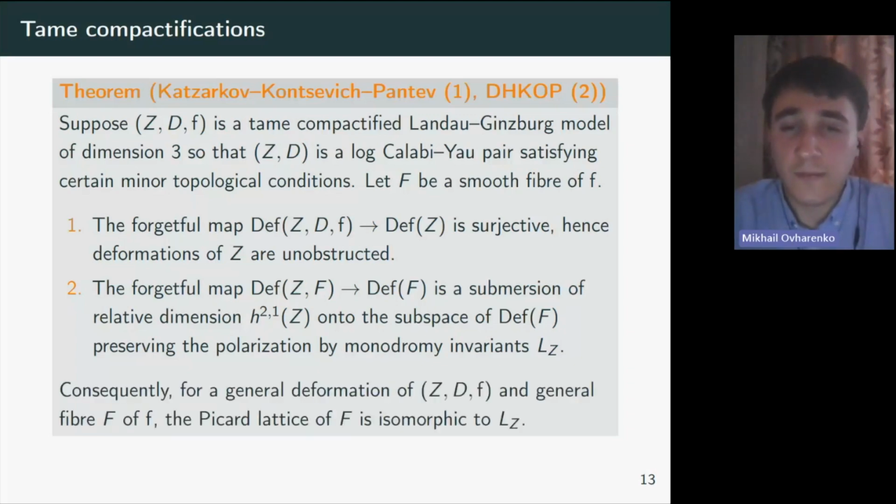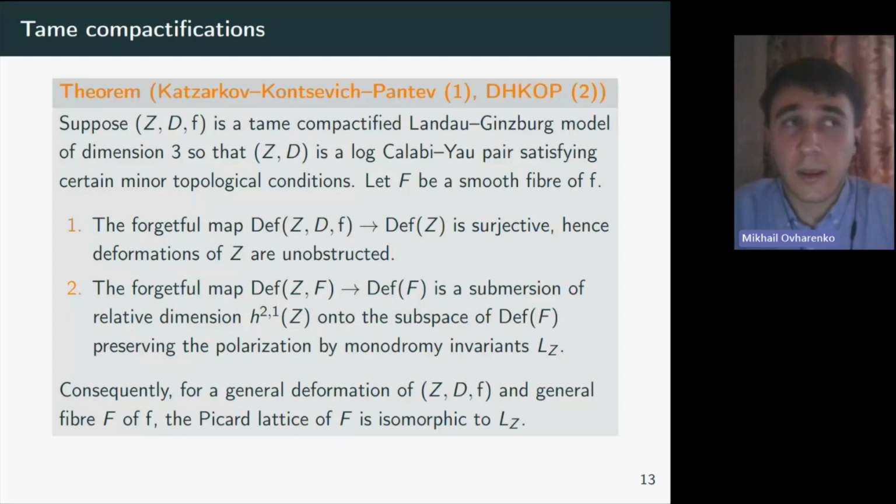And as a consequence, if we would look at a general deformation of our tame compactified Landau-Ginzburg model and at a general fiber of our morphism f, then its Picard lattice should be isomorphic to the lattice of monodromy invariants.